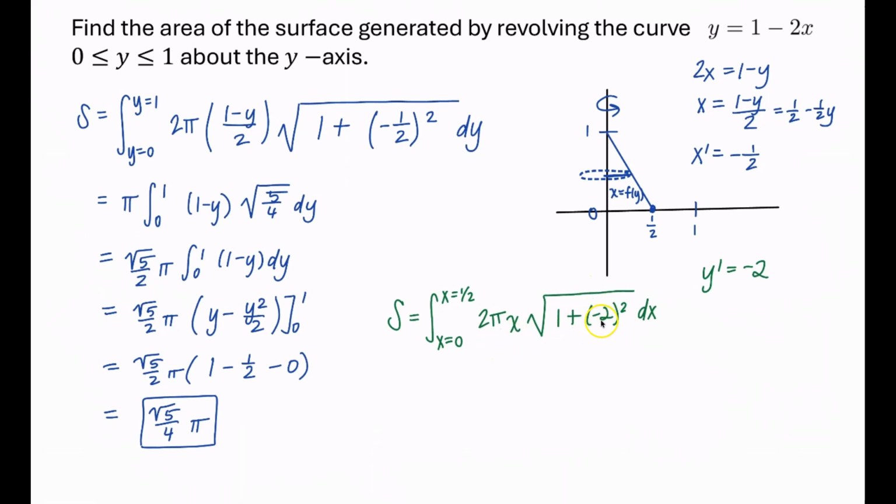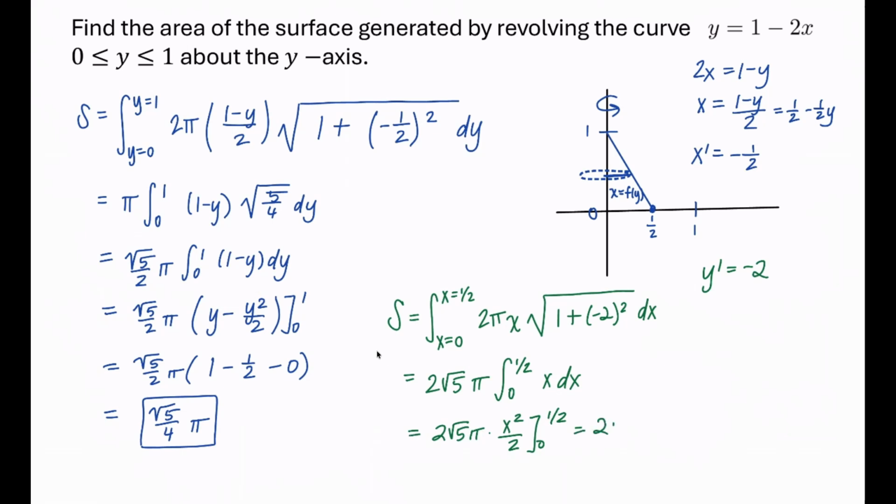Okay, so here, this underneath the radical is just 5. And then there's this 2 in the front right here. So I'm going to go ahead and bring out, I'll put the 2 first. 2 rad 5 pi, and we're integrating from 0 to 1/2 of just x, right? So here, the antiderivative of x is x squared over 2 from 0 to 1/2, and then I have this 2 rad 5 pi.